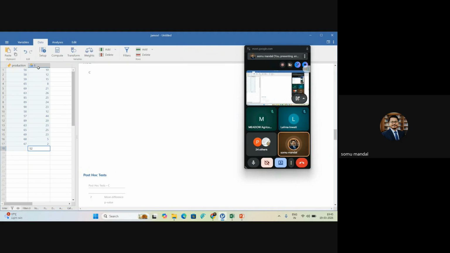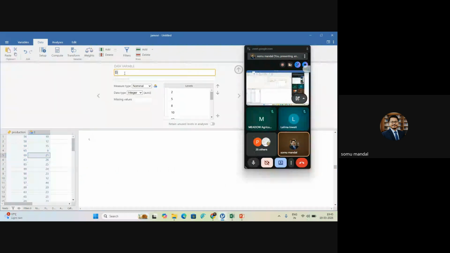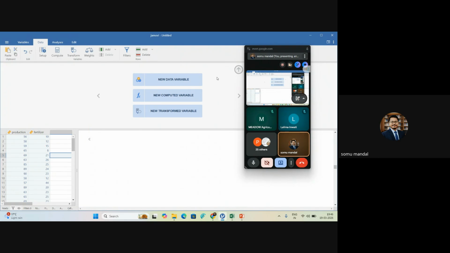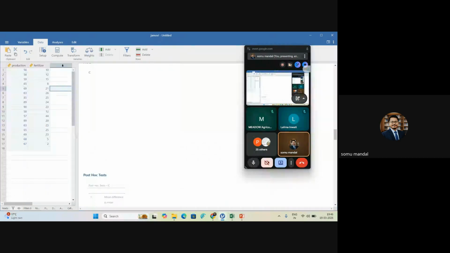Just randomly writing down the data set. This is the amount of fertilizer, a continuous data set, integer value. Another one is pesticide, applications of pesticide, or maybe you consider this as N, P, K, like this also.